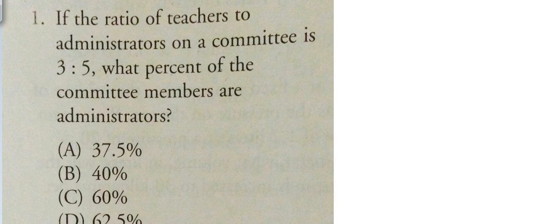The ratio of teachers to administrators on a committee is 3 to 5. So we have a committee of teachers and administrators, and this is a ratio, T over A, teachers over administrators, 3 over 5. What does that mean?